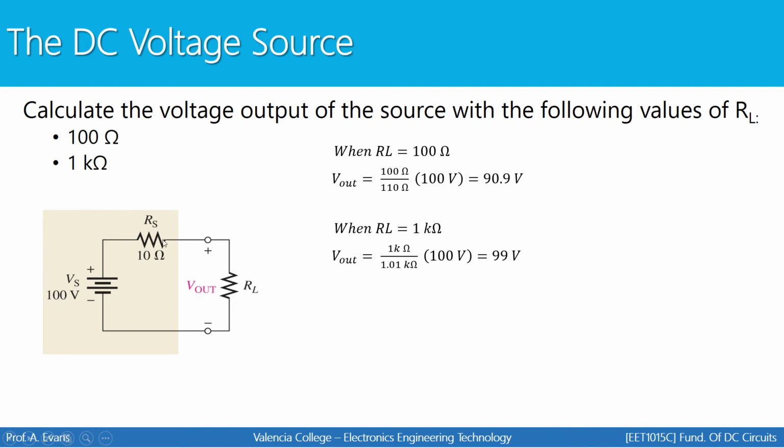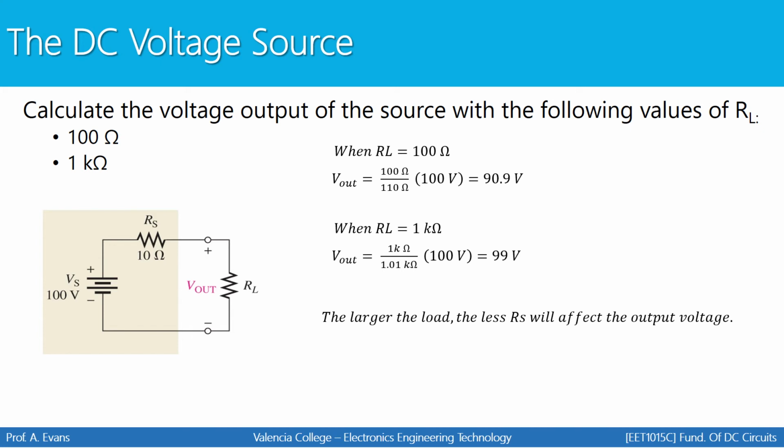But this internal resistance is going to change that. Notice though that the larger the load, the less effect that RS has. When the load is very small, I get an output that's far less than what I put in. But when the load is significantly larger, I get an output that's only slightly less than what I put in. So the larger the load, the less that your internal resistance will affect the output voltage.